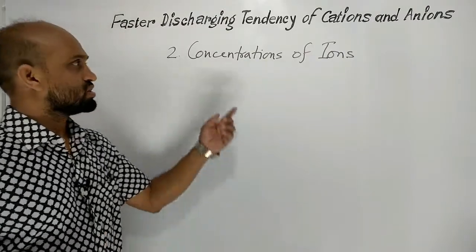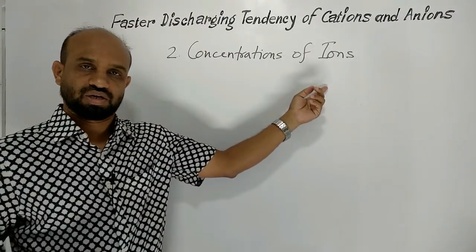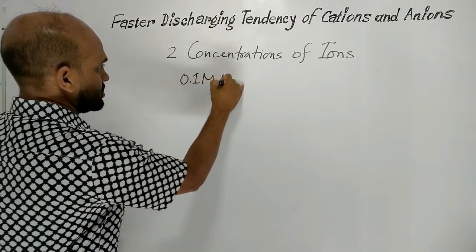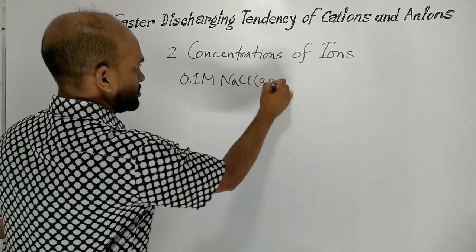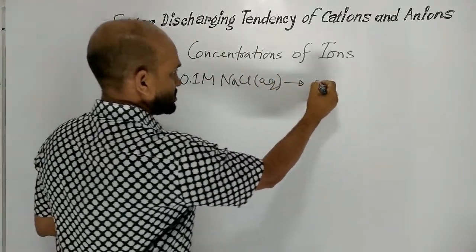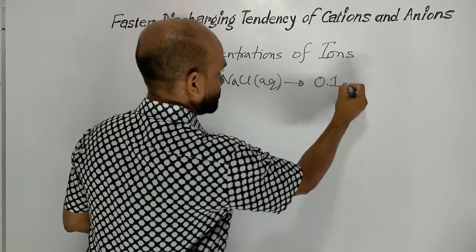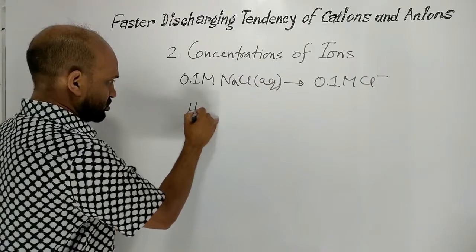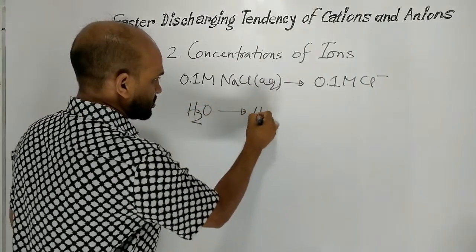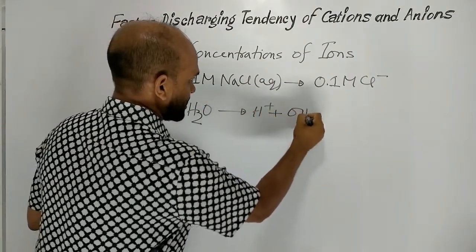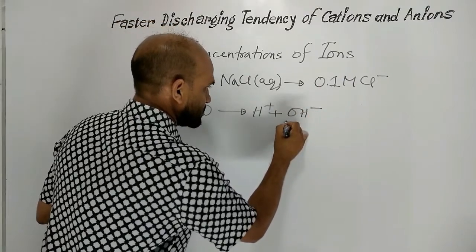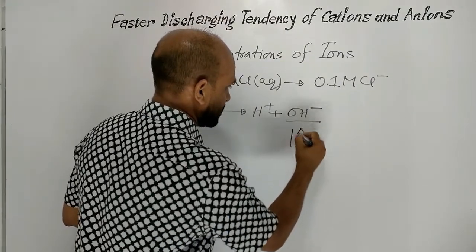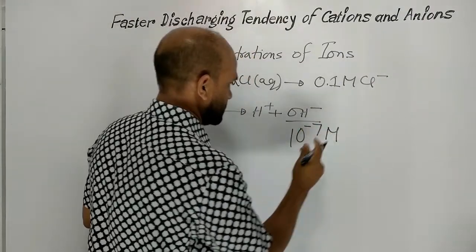Second factor is concentration of ions. Let's see. Suppose 0.1 molar sodium chloride solution produces 0.1 molar chloride ion, and in water the concentration of hydrogen ion and hydroxide ion, basically the concentration of hydroxide ion, is 10 to the power minus 7 molar.